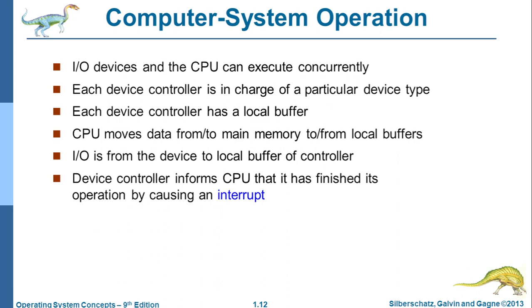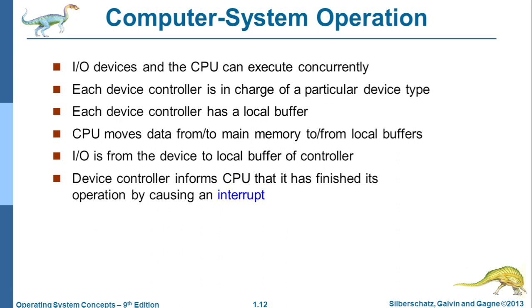So, why do we need operating system? So that input-output devices and the CPU can execute concurrently. Okay. We want to run an application program for a certain amount of time. Then we need to finish the program.